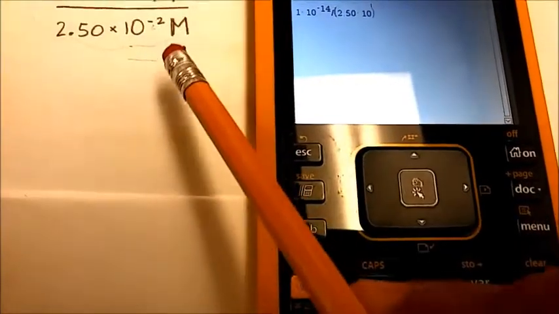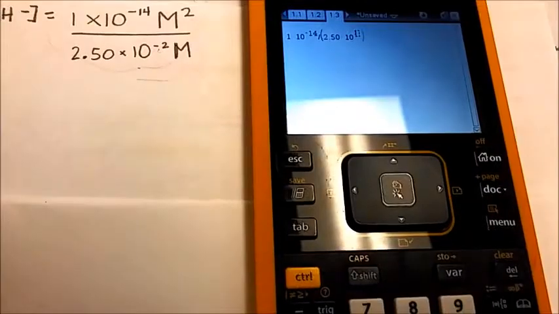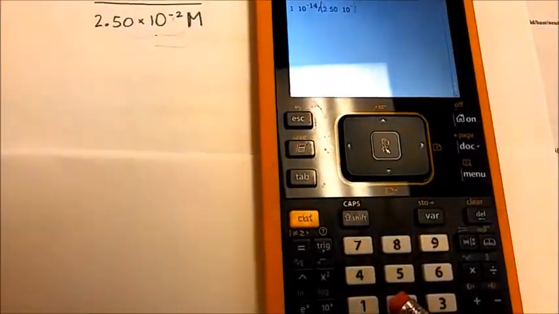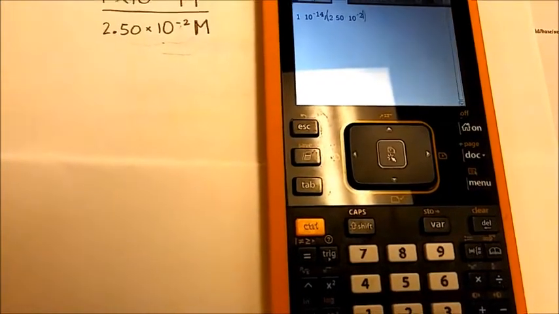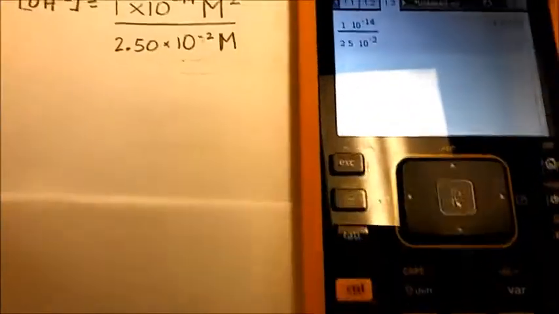And then to the power of negative 2, we use a caret again. Negative 2. Okay, and there it is entered. We press enter, and it gives us the answer.